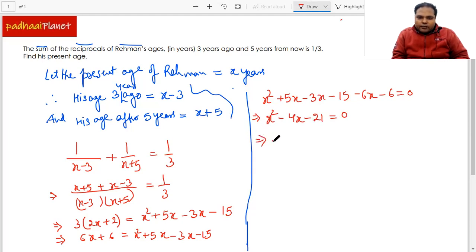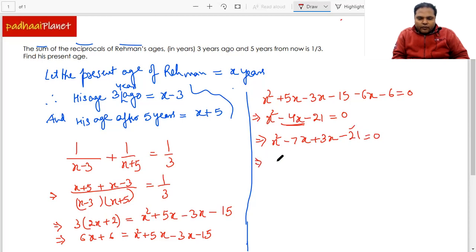Now we will use the split methodology and we will break the middle term, such that the terms we get are like minus 7x plus 3x. Now what we need to understand here is that the sum of these two has to be minus 4x, and the product of these two has to be the product of the constant and the coefficient of x square, right?